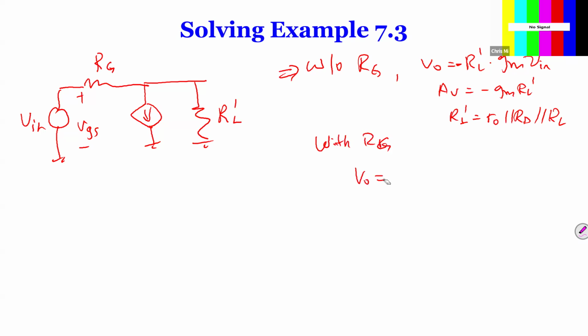But with RG, our VO is going to be, let's call this IL, minus IL times RL prime. But this IL is equal to GM VGS minus IG.